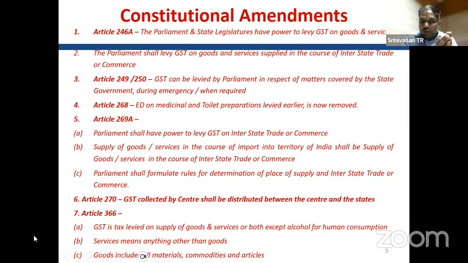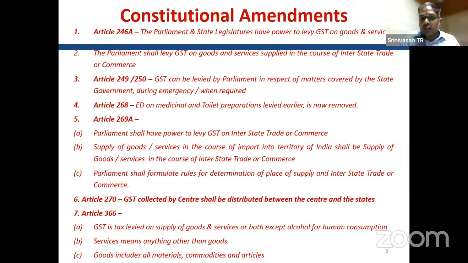It says goods include all materials, commodities, and articles. That's the definition here. And the constitutional definition in the Constitution and the GST-specific definition in the law are different. So one underlying observation is that GST supply is not defined in the Constitution, though it is there in the Constitution. And more importantly, the interstate law.